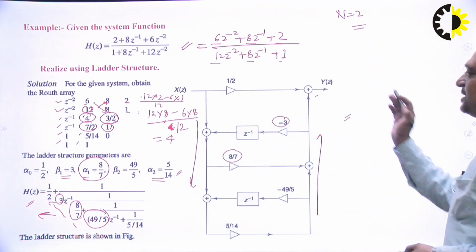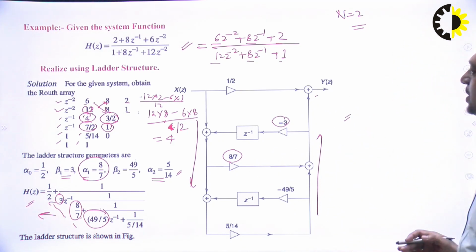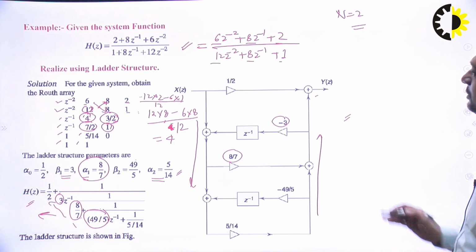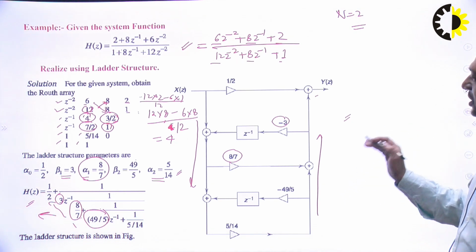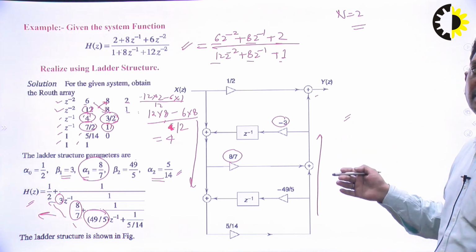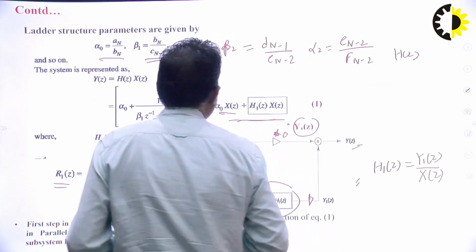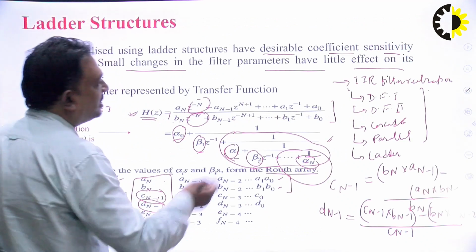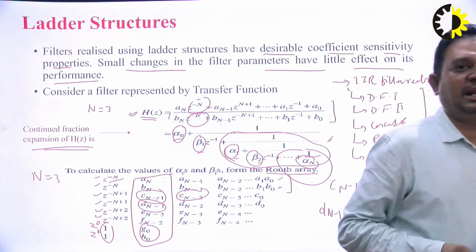The important thing is that adders are alternately placed right and left like this. So this is how we can obtain the ladder structure realization. This structure is more robust compared to other techniques of IIR filter realization which I have discussed earlier: direct form 1, direct form 2, cascade and parallel realization structures.